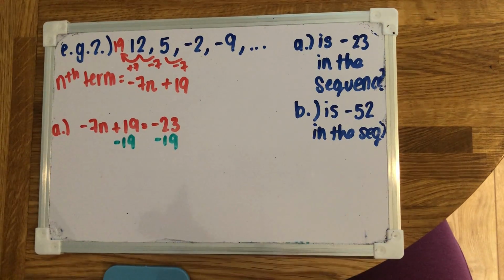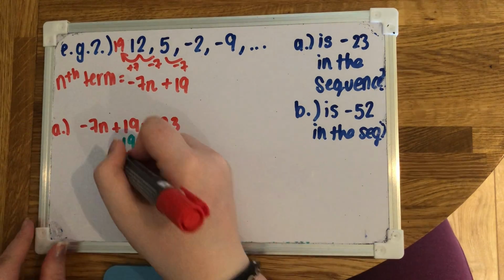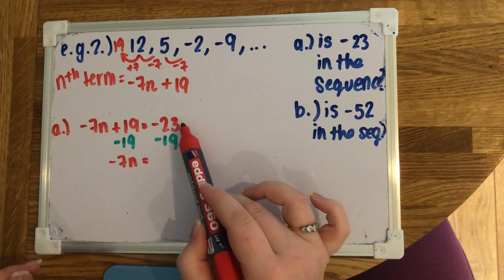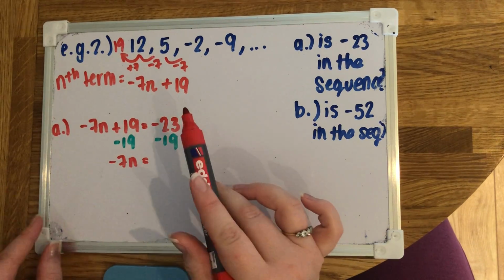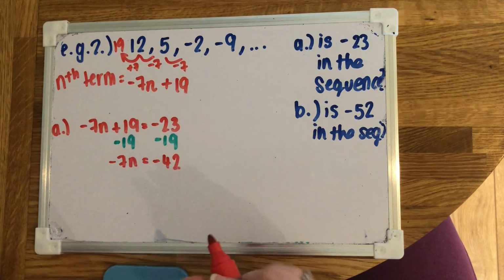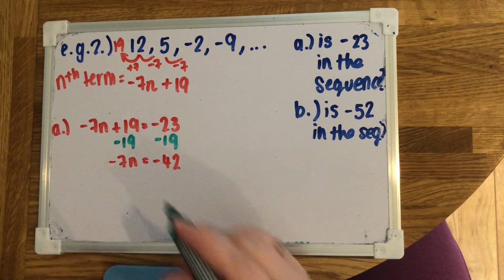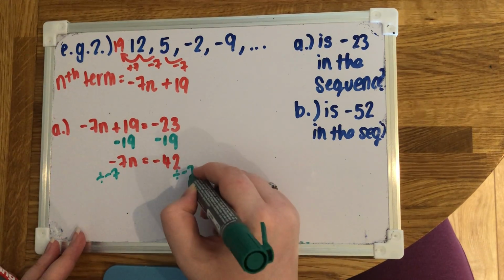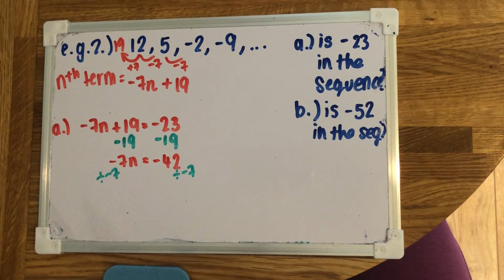Now be careful with your negative numbers. So this will still be negative 7n. Negative 23, take 19 more away, would be negative 42. Okay, then we divide by negative 7 because we just want one positive n, we don't want negative n.